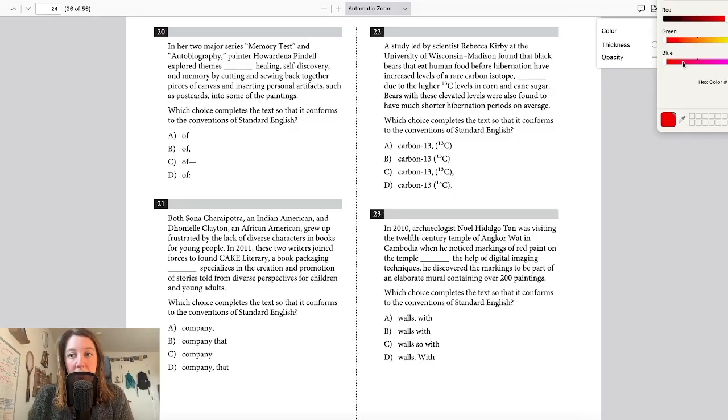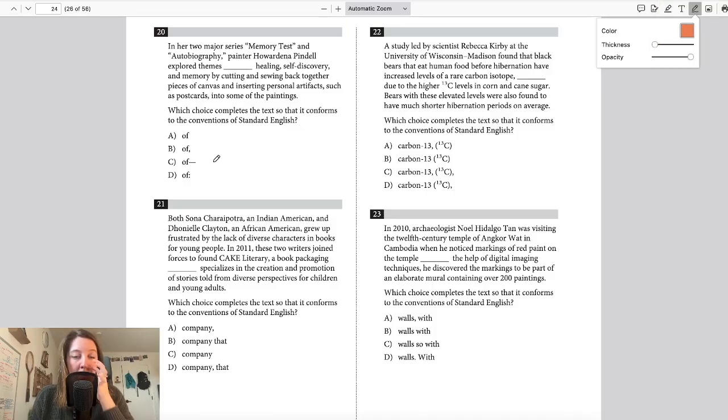So this is going to be a grammar conventions question. It's important to know what kind of question you're looking at because that will help you apply the correct, the most efficient strategy, right, to answer these questions.